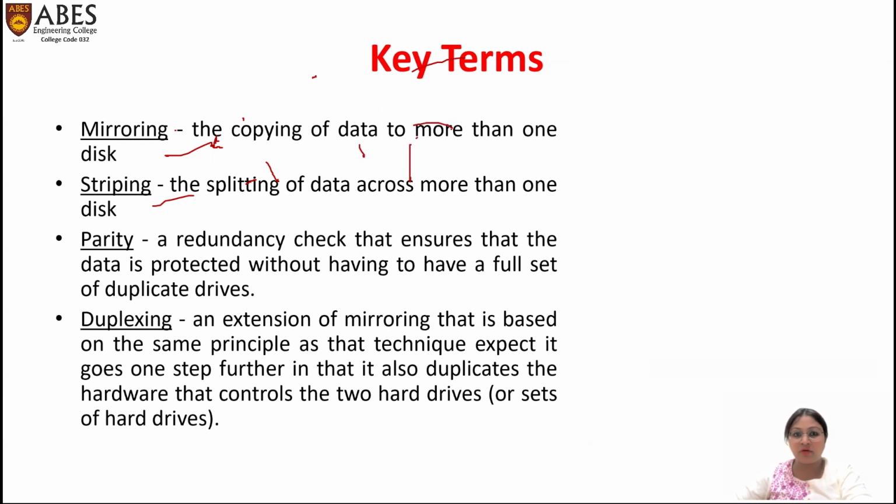Like if A is a data, then that data is divided into A1, A2, A3, A4. This is known as striping of data.